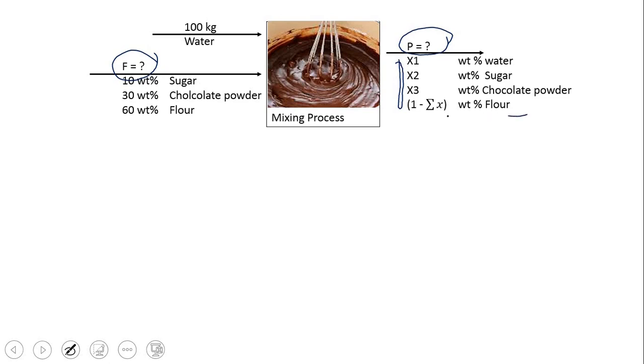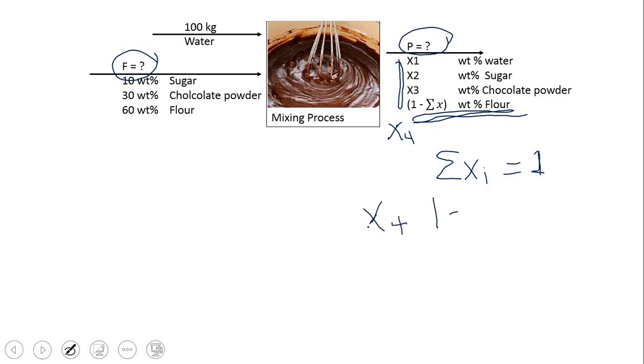As you see, for the flour I did not put x4. Even though we do not know the composition of the flour, we know from general chemistry that the sum of the compositions in any mixture is equal to 1.